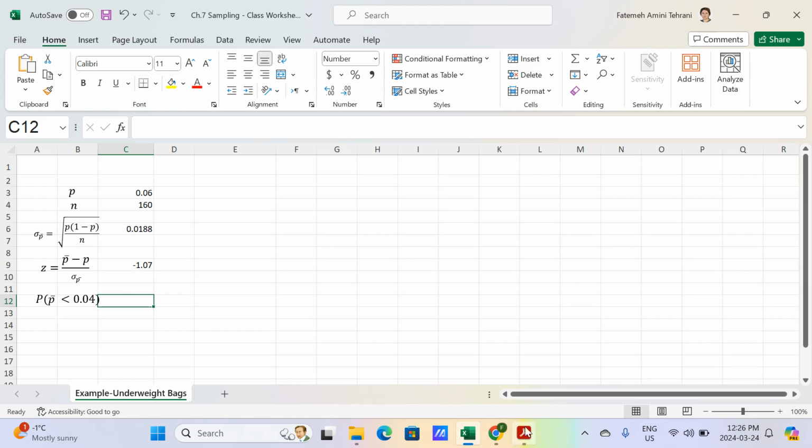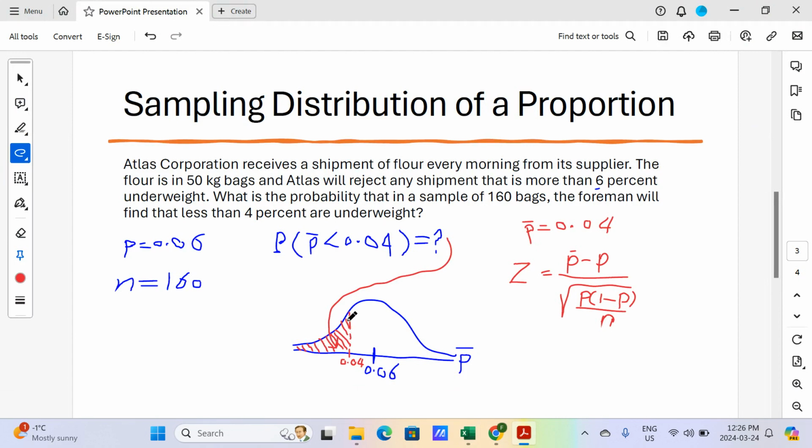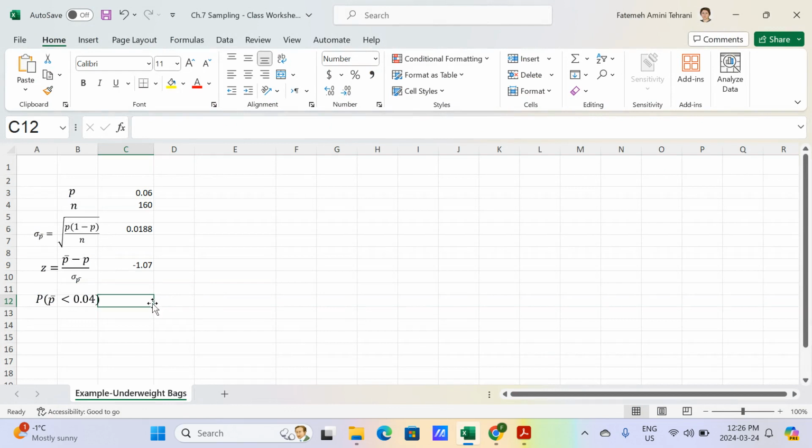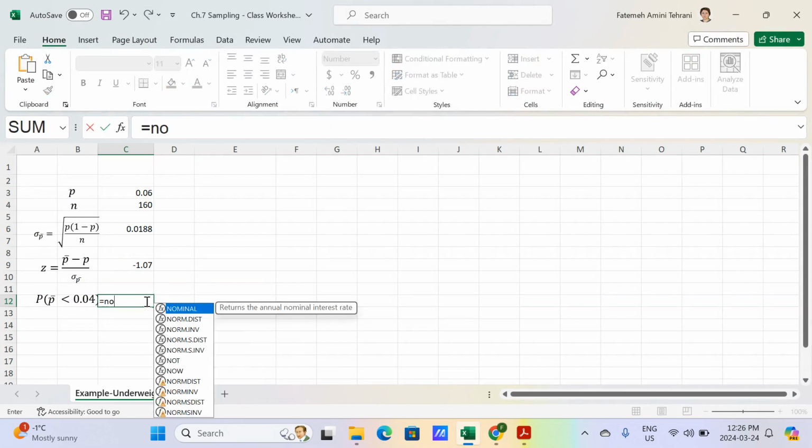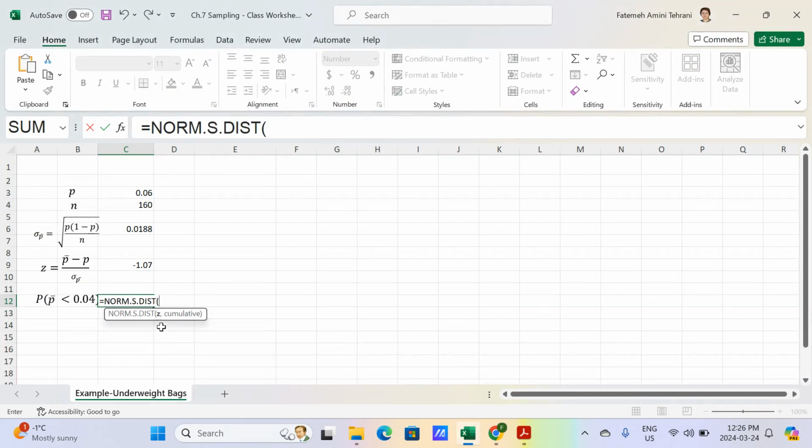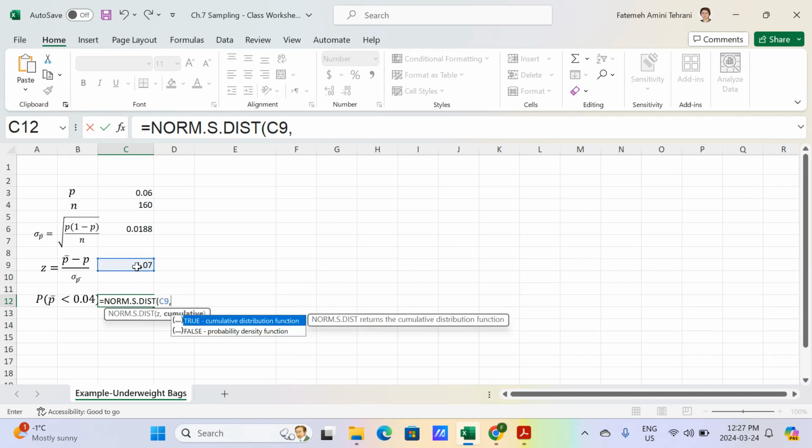To find the area of the shaded part, I'm going to use NORM.S.DIST, because I'm working now with Z. Z is minus 1.07 and it's always cumulative.